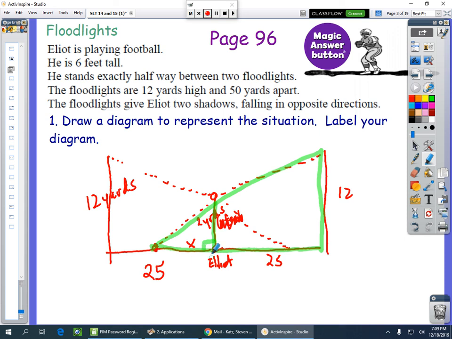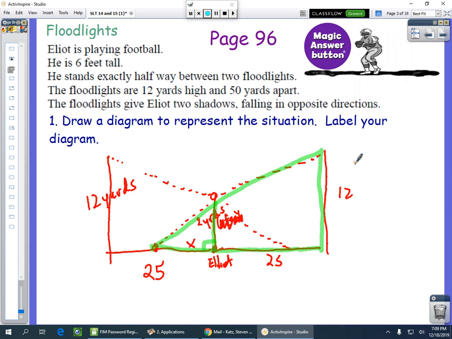Now we know parts of the triangle. Remember, with similar triangles, you can set up corresponding parts in a proportion. The length from here to here is x versus the base of the triangle, which we just found out is 2 yards, would equal this length. What is this length?